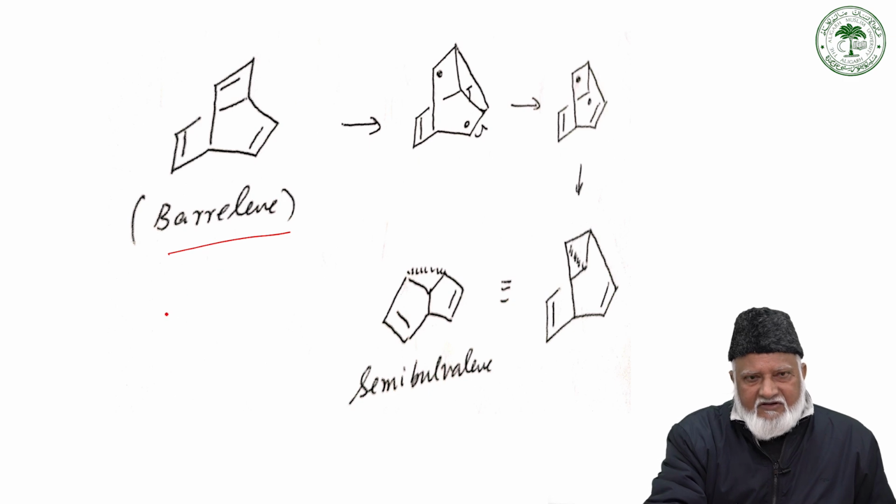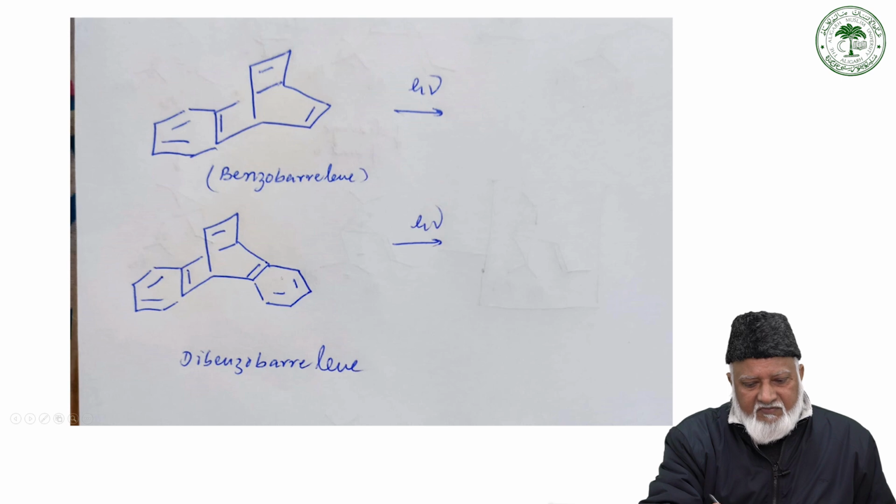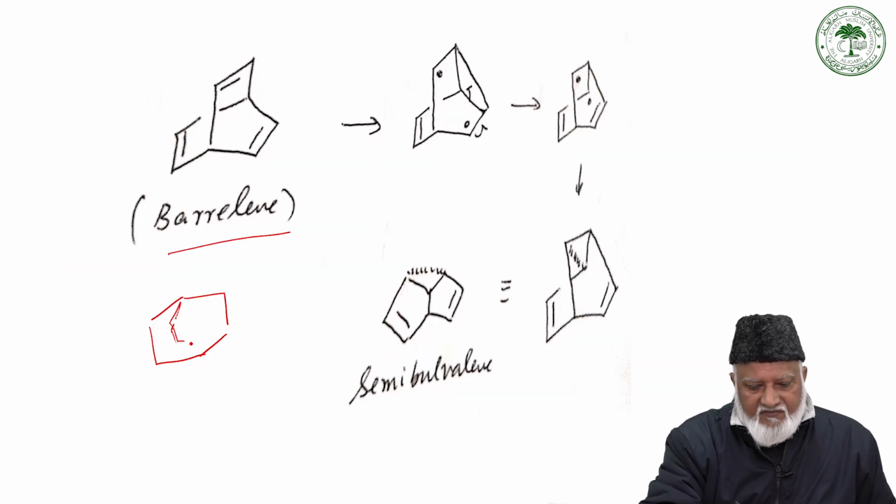This is a bicyclic system, and the common name for this is barrelene. It is a 6-membered ring, and there is another bridge, so you have one double bond here.